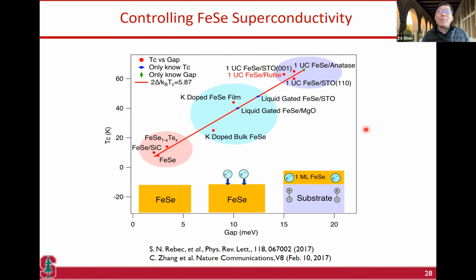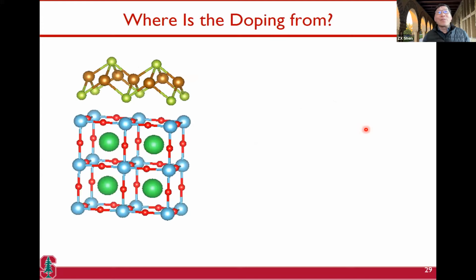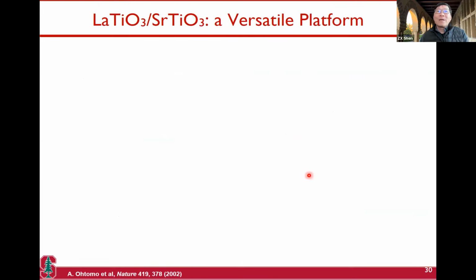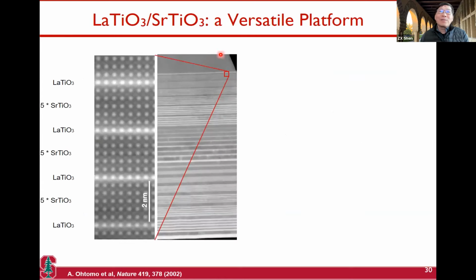So more recently, we did a more detailed study. The question would be where this doping is coming from. If you put iron selenide on a substrate, then of course there's band bending and charge transfer, a phenomenon that's very typical. So what we want to do is to use the lanthanum titanate and strontium titanate as a platform.